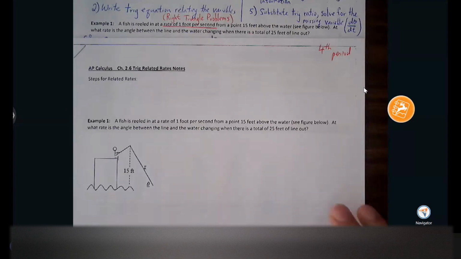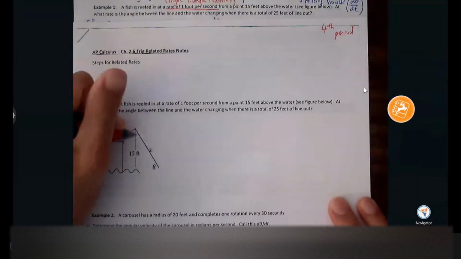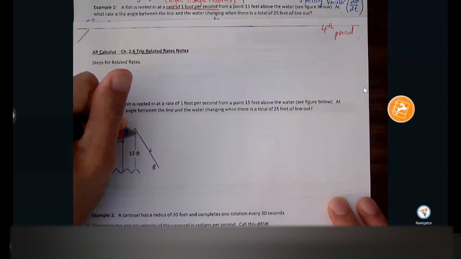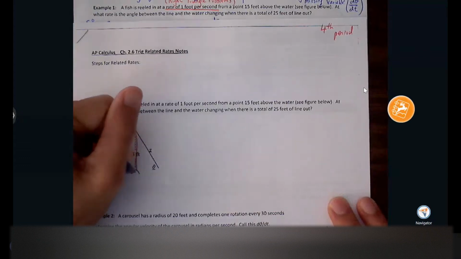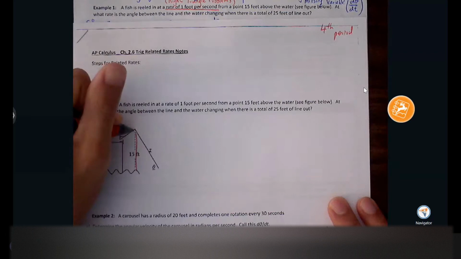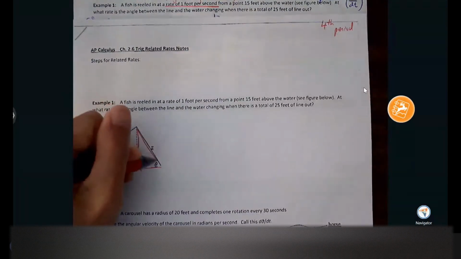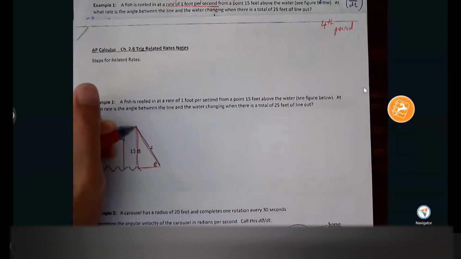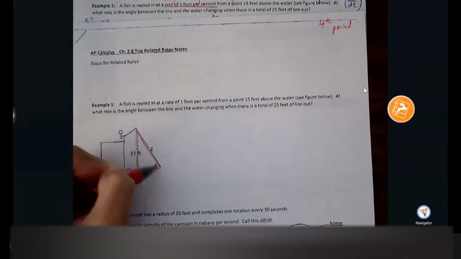So with all these problems, we're always going to have a right triangle to work with. So here's our right triangle. We have 15 feet. This is a constant extending from the top of the water to the top of the fishing pole. There's no information given to us about the horizontal, and then the hypotenuse is the line from the fishing rod to the water.